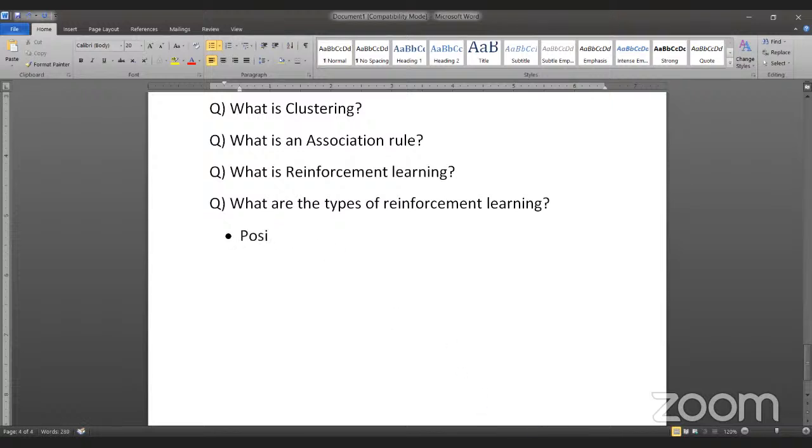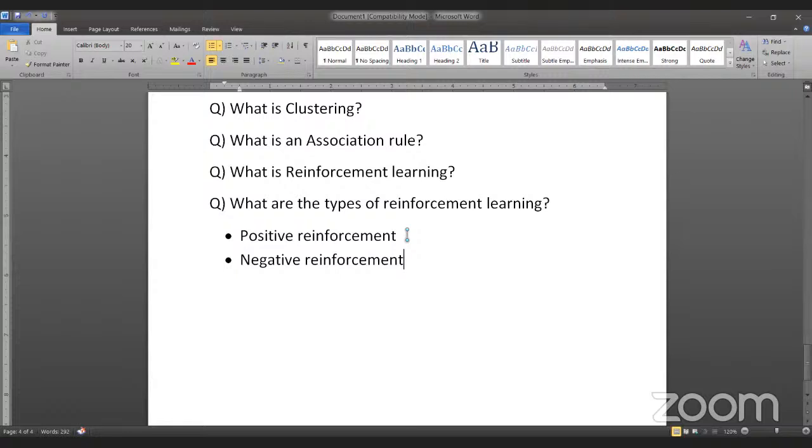One is positive reinforcement, and the second is negative reinforcement. So what happens in positive and what happens in negative?